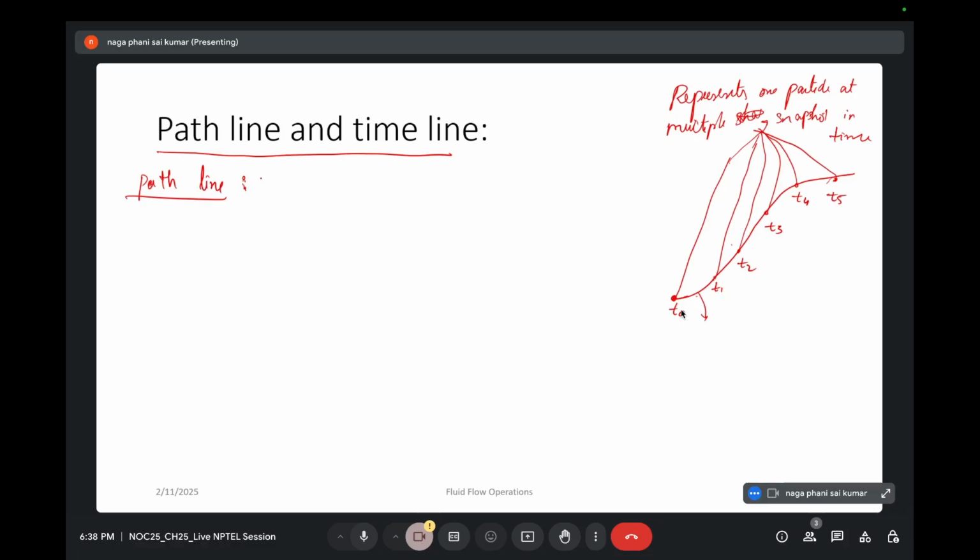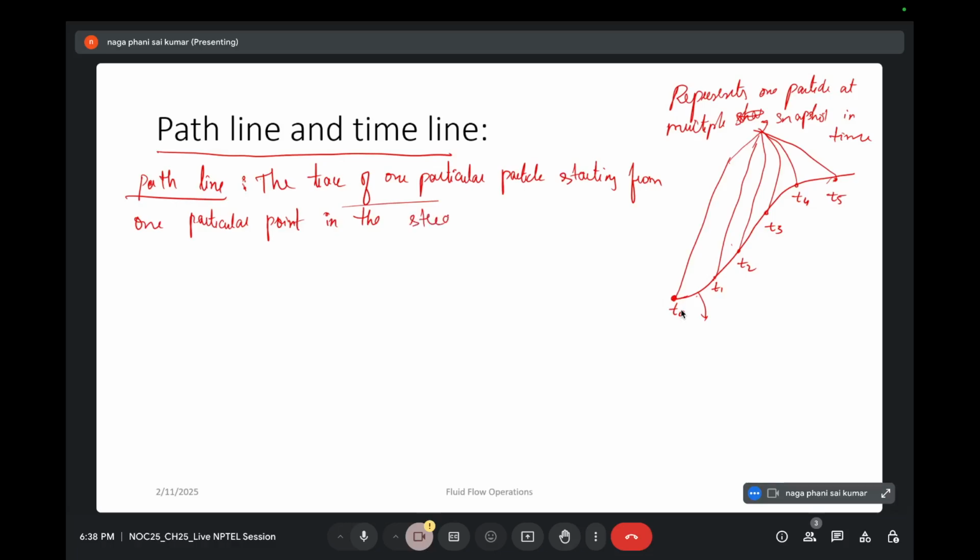So the trace of one particular particle starting from one particular point in the stream.